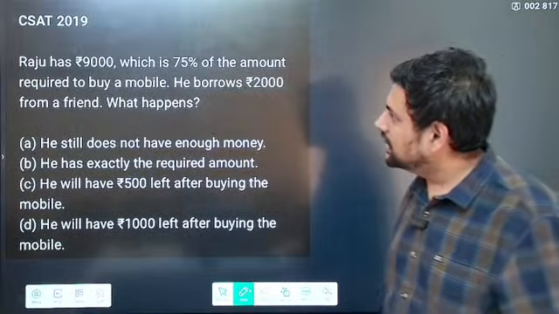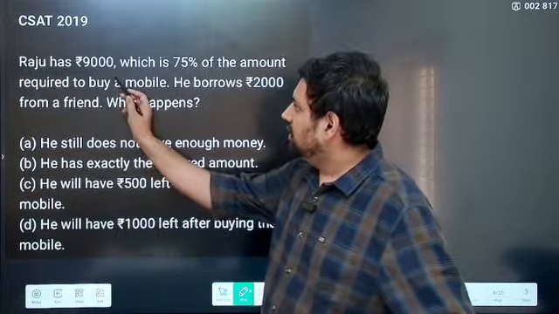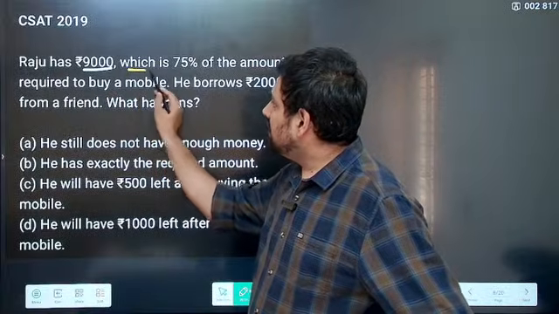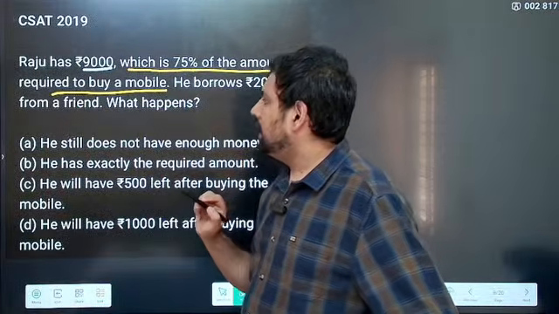Okay, so what happens? Raju has 9,000 rupees. Now, what is this 9,000? This 9,000 is 75% of the amount required to buy a mobile.